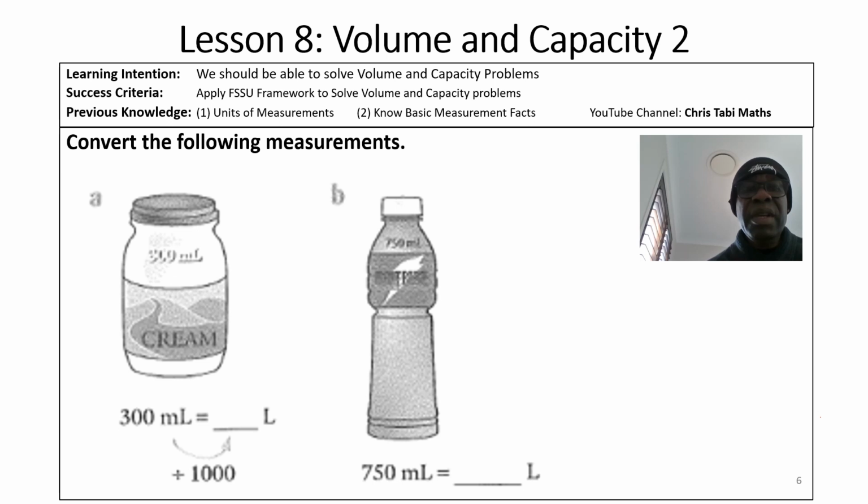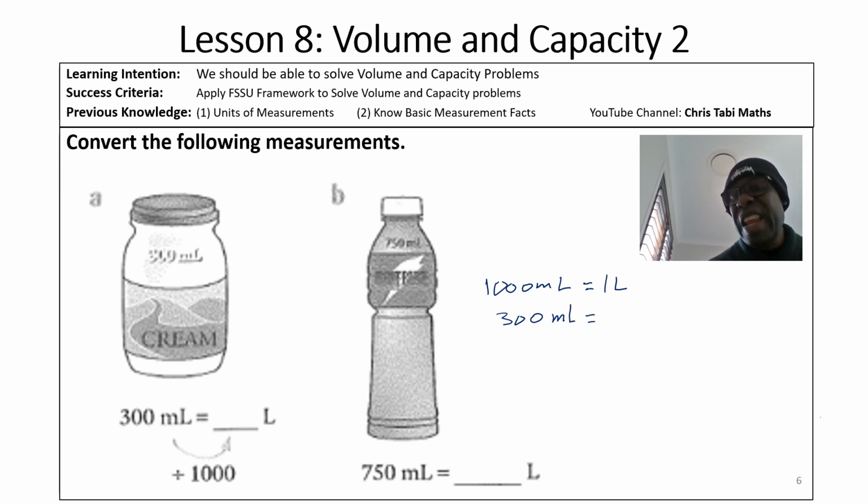Convert the following measurements. So you have a jar, which is 300 milliliters. You have 1,000 milliliters will be equal to 1 liter. So if you have 300 milliliters, then how much would that be?